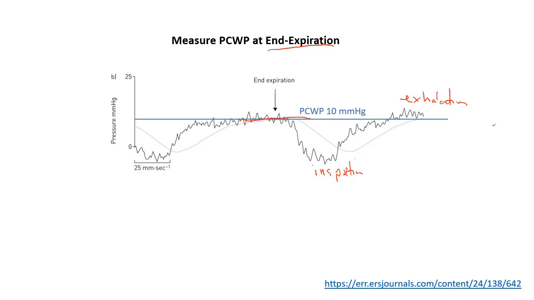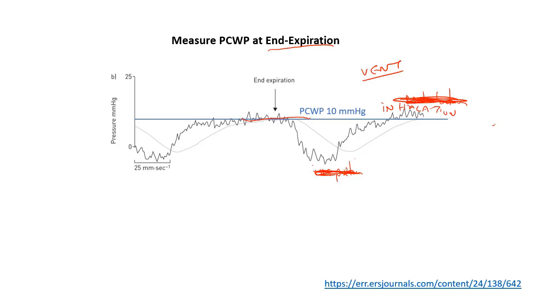Now, if someone's on the ventilator, the whole thing reverses. When we have inhalation, we're using positive pressure ventilation, so the pressure is going to be higher. So if we have someone on the vent, this is going to be inhalation.